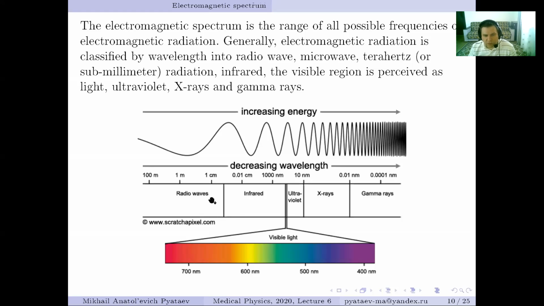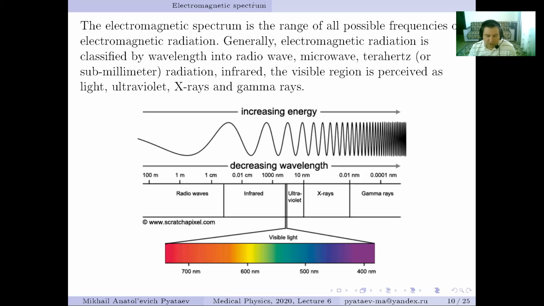It is usually distinguished between radio waves and infrared. This range, which is not shown on this picture and is called terahertz, is important because it is not so well studied as radio waves or infrared, because there are no good sources of radiation in this range. That's why, for the moment, this type of radiation is intensively studied.